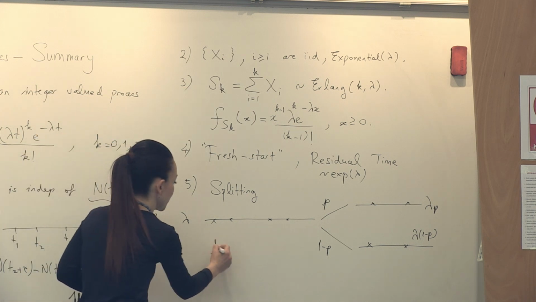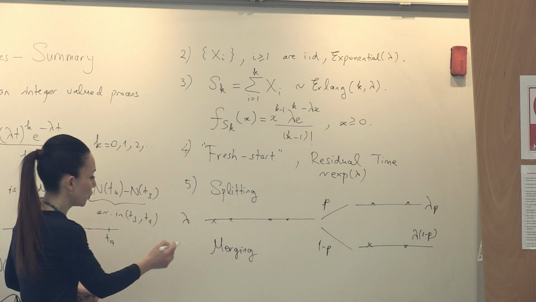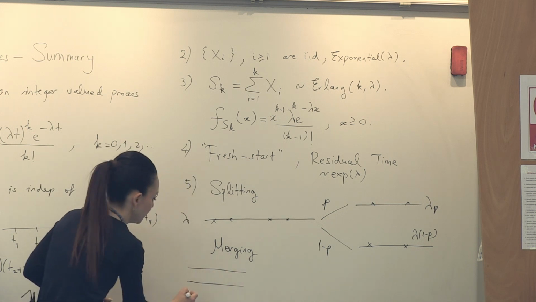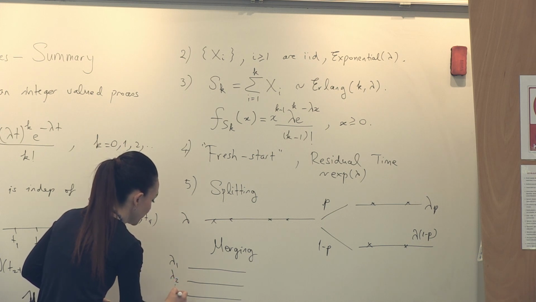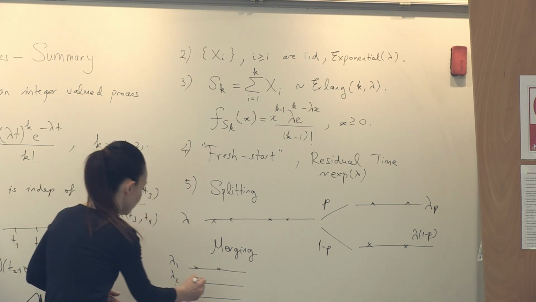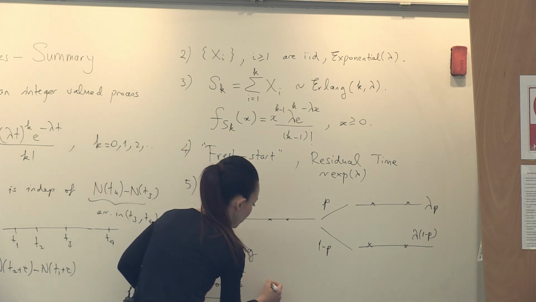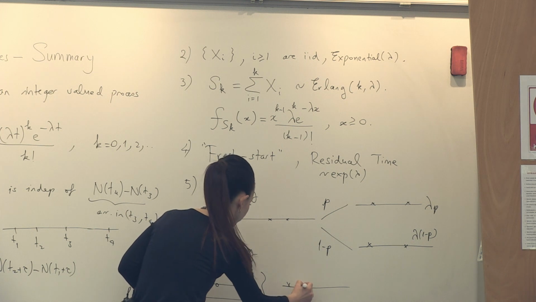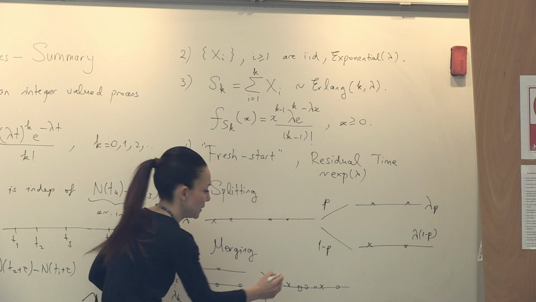How about the merging result? It's the opposite. When you take k independent Poisson processes with rates lambda 1, lambda 2, ..., lambda k, and merge their arrivals and form one process, the resulting process is Poisson at rate what?